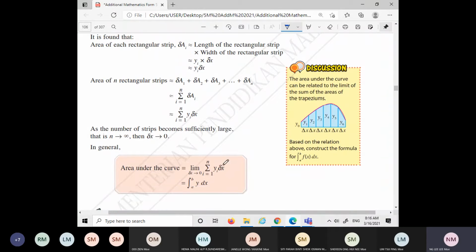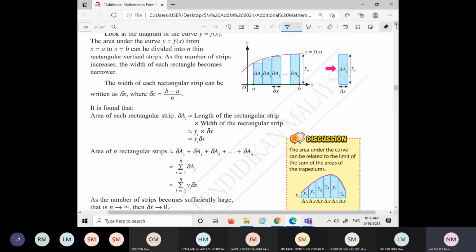So for a rectangle, how to find the area of a rectangle? Okay, you look at this. They are using a small strip of the rectangle as an example.